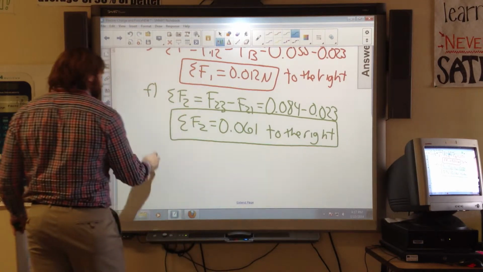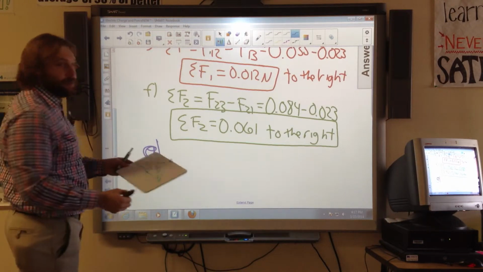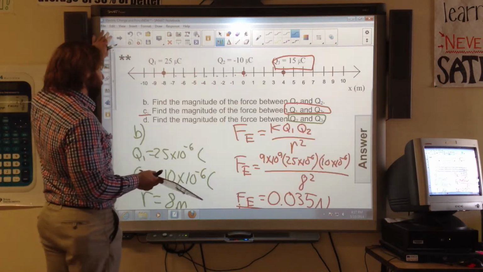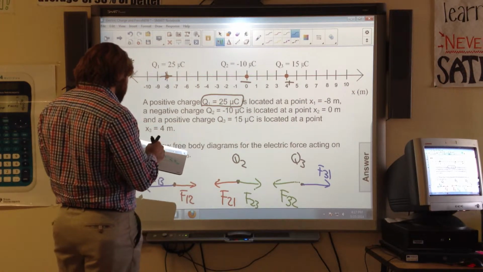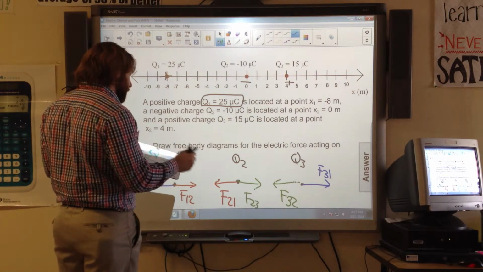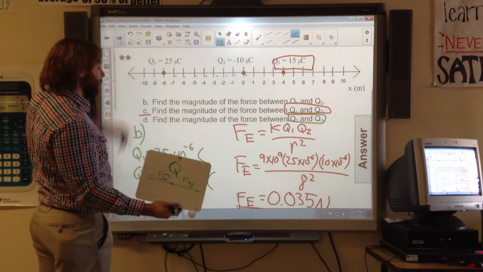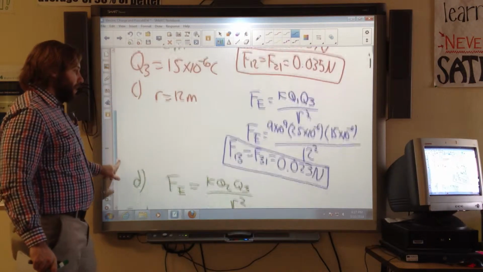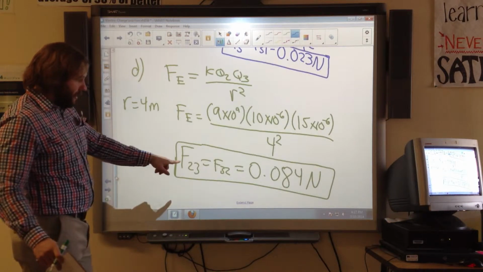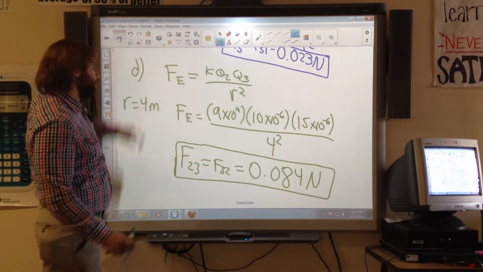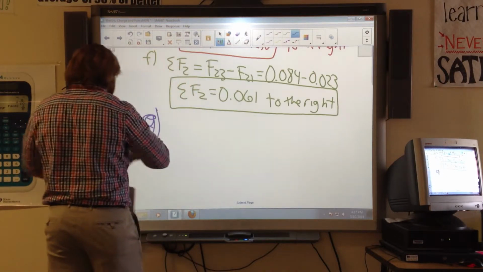And the last one, part G. Sometimes we forget our alphabet. We go back, we look here. Instead, I have F32 and I have F31. So that's what our free body diagram is going to look like. We look here. F31 is 0.023. F32 is 0.084. So, I look here.